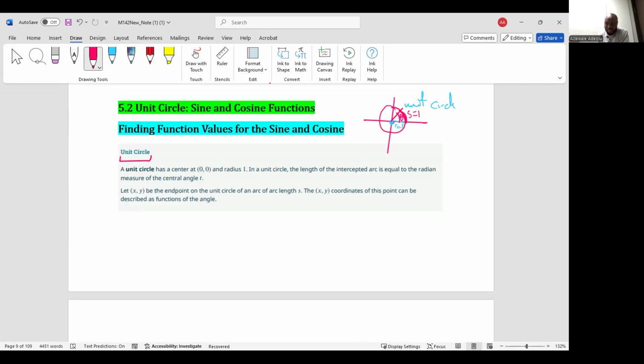Like I discussed earlier, that angle is the ratio of S to R, which in this case you can say R over R or S over S, which is 1.